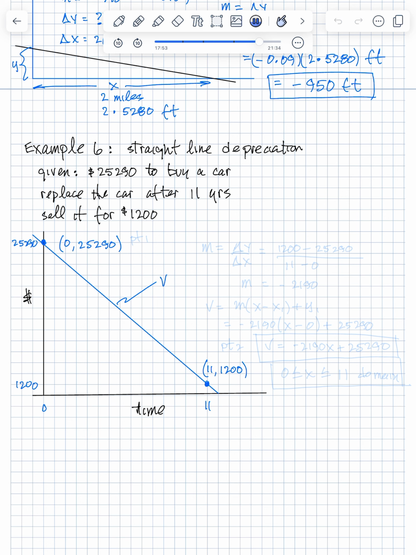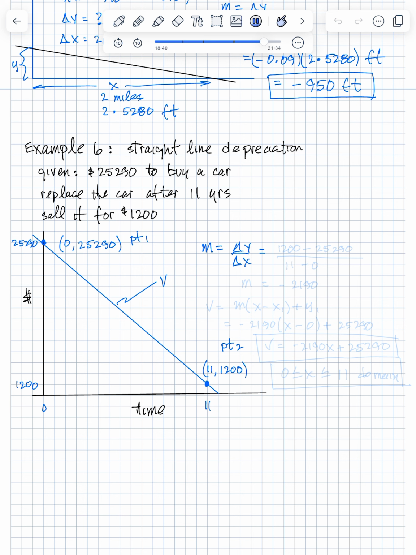For the equation, we're going to use a point-slope equation, but we first have to get the slope. You have 2 points. First thing you need to do is get the slope. So slope is delta y over delta x, which is, let's call this point 2 and this point 1. It doesn't matter, really, but I typically call this point 2 because it's farther to the right than point 1.